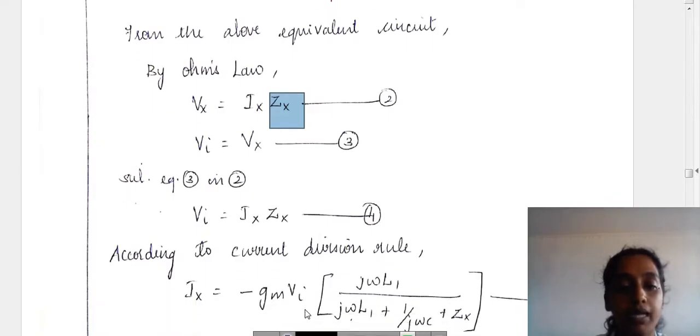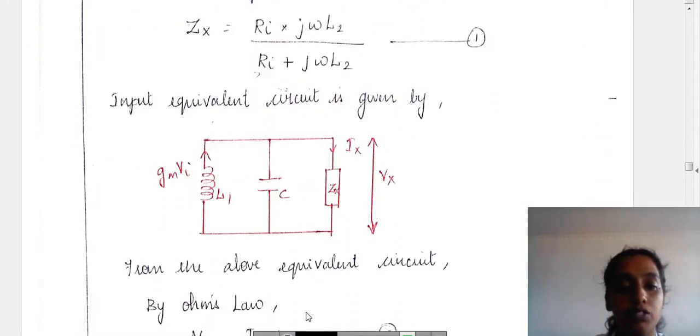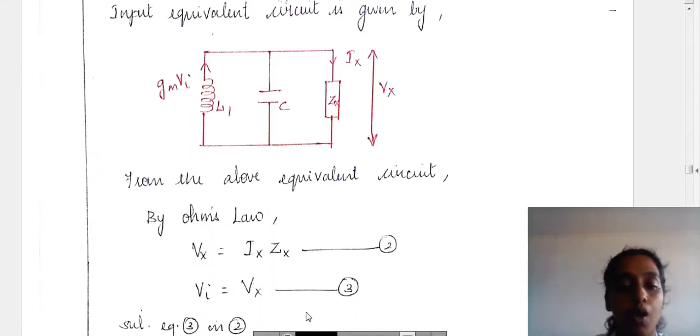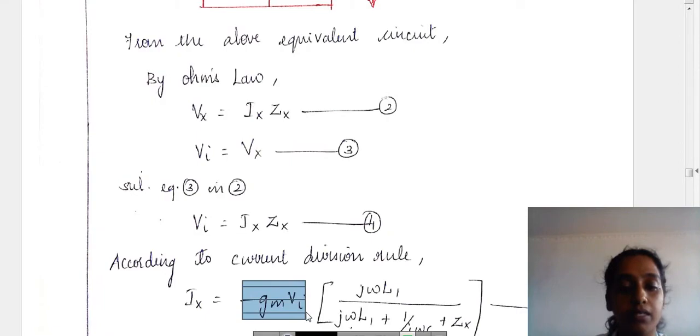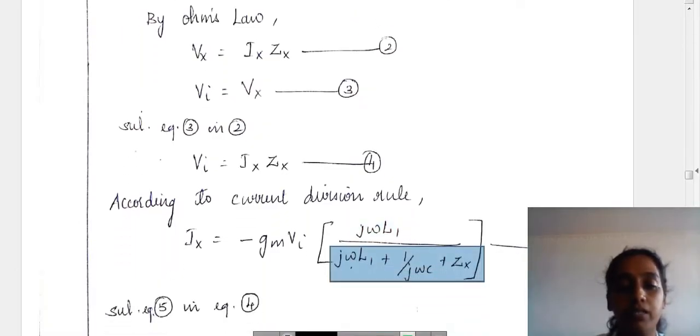By using the current divider rule, the total current is −Gm × Vi. So the current can be written as the total current times the opposite side resistance. The opposite side resistance is the inductor L1 divided by the total resistance, the inductor, capacitor and Zx.